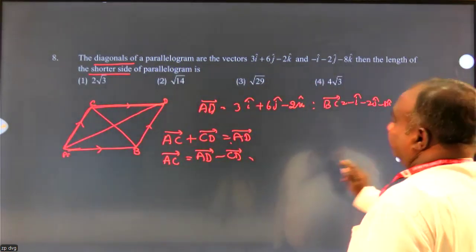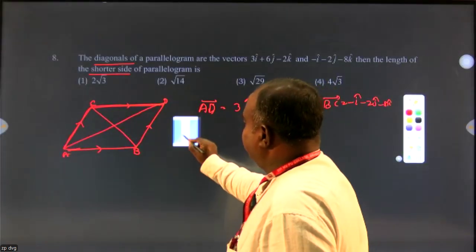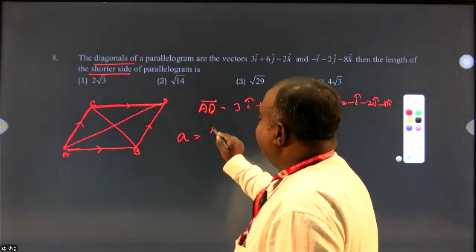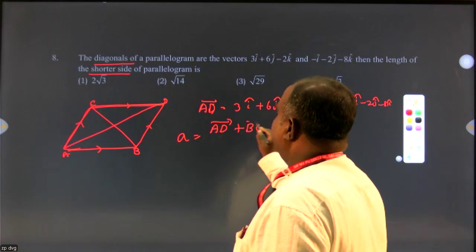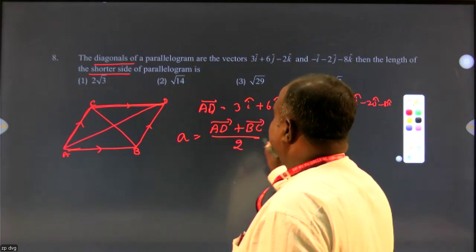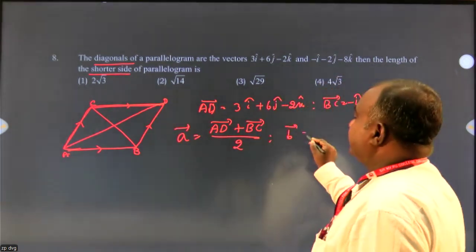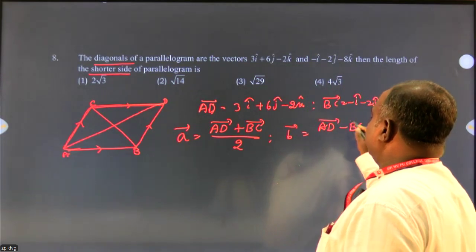One side, take it as A bar, is equal to AD bar plus BC bar by 2, and the other side, for example B bar, is AD bar minus BC bar by 2.